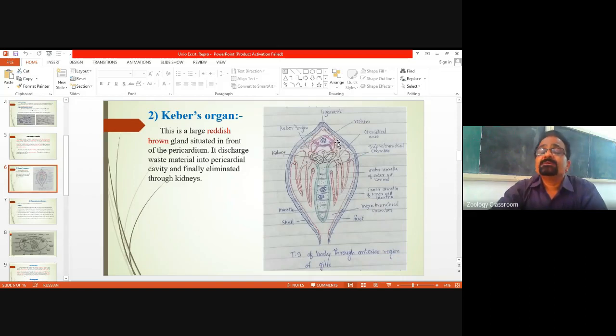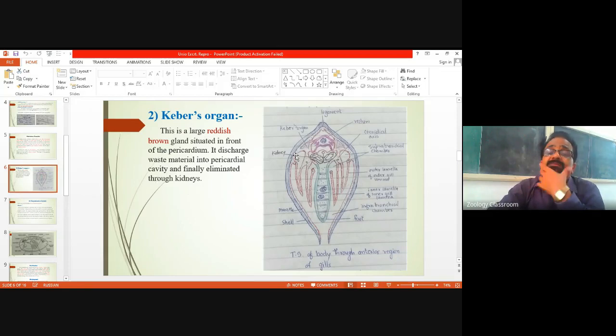So whatever waste products are collected by the Keber's organ are released into the pericardial cavity, and finally they are eliminated through the kidney.